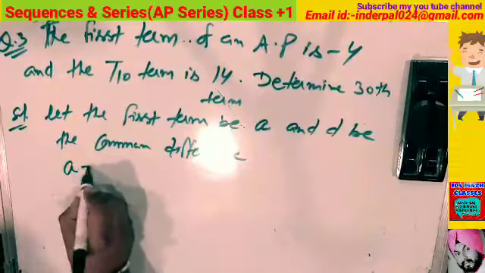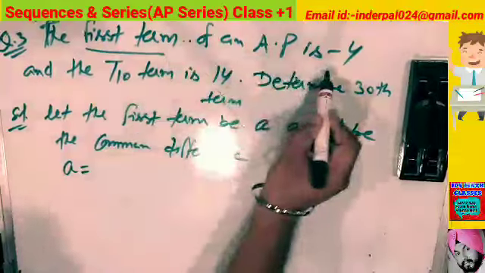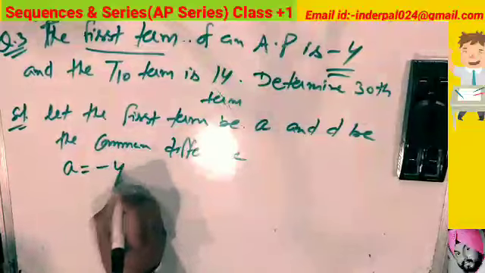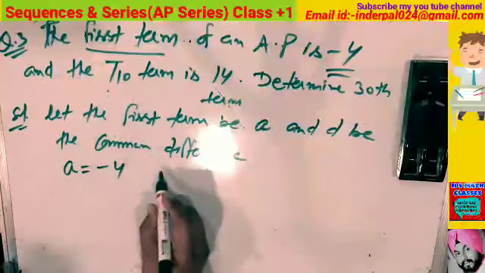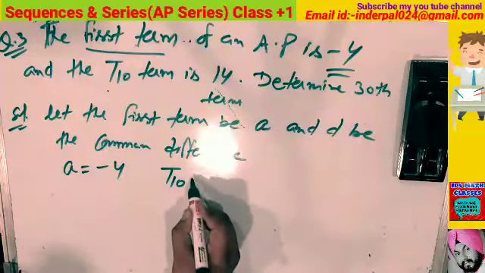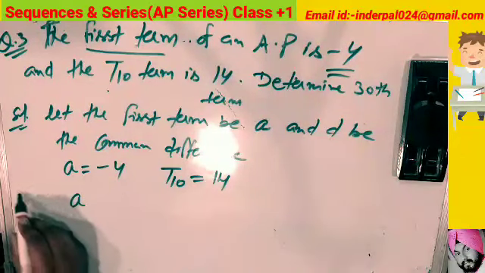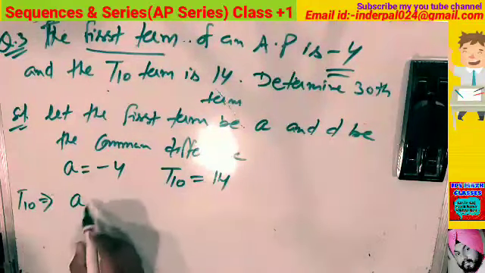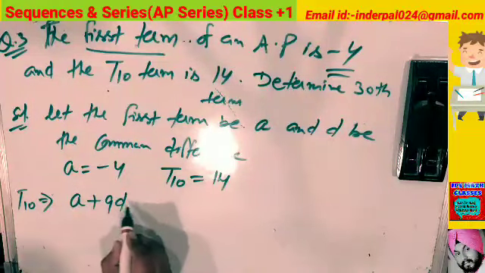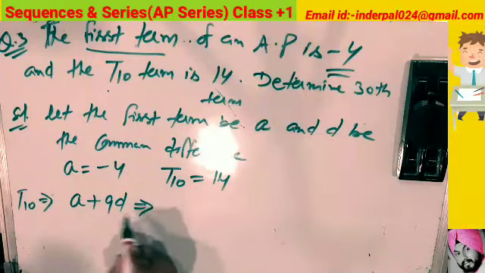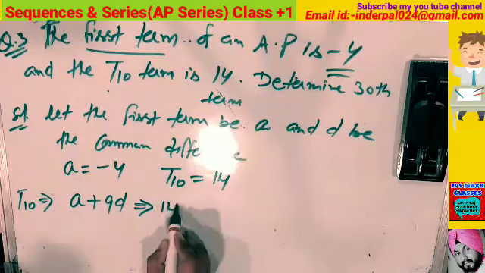So here A, the first term, is equal to minus 4 according to the question. 10th term is equal to 14. Formula of the 10th term is T10 equals A plus 9D. The 10th term is given as 14.